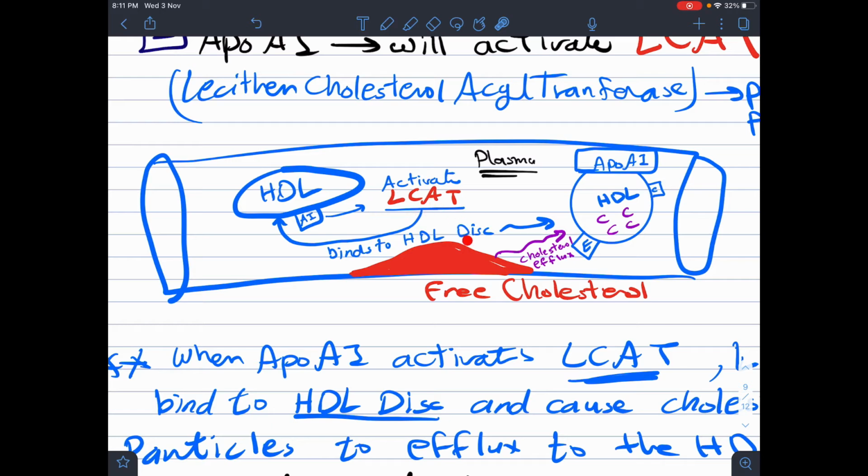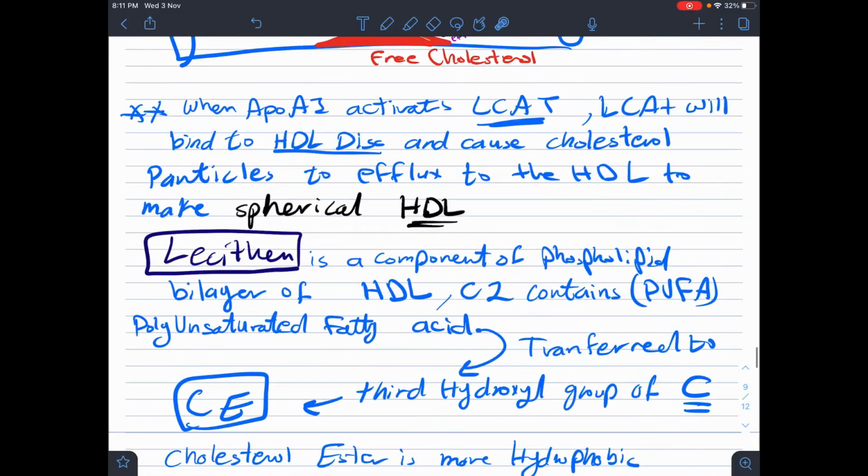The LCAT made the cholesterol move from here to the inside of the HDL, causing the HDL to be spherical, because it now contains cholesterol inside of it. Got it? ApoA1 activates the LCAT, which binds to the HDL disc and causes cholesterol particles to efflux to the HDL to make spherical HDL.